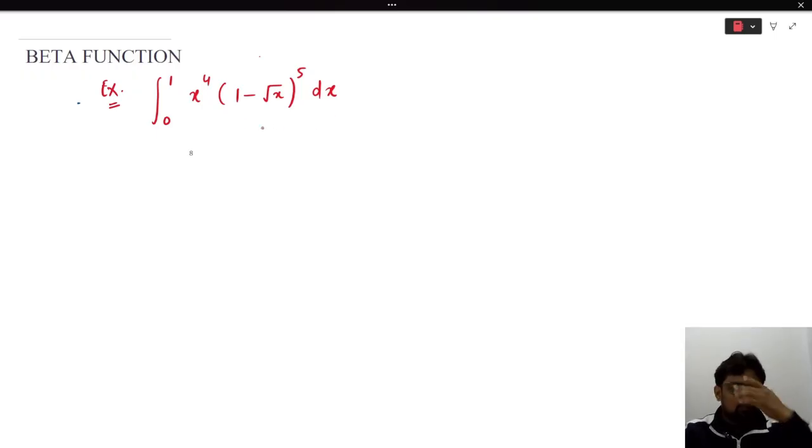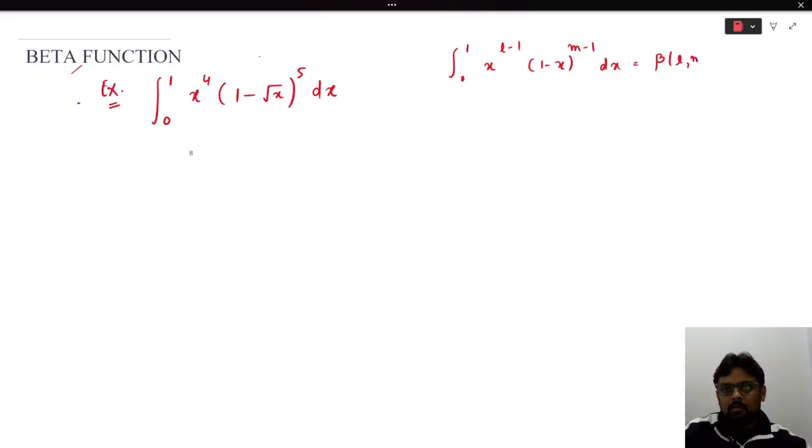So with the help of the beta function, we define the beta function like this: integration 0 to 1 x to the power l minus 1 into (1 minus x) to the power m minus 1 dx is called beta l m, and beta l m is defined as gamma l into gamma m upon gamma l plus m.